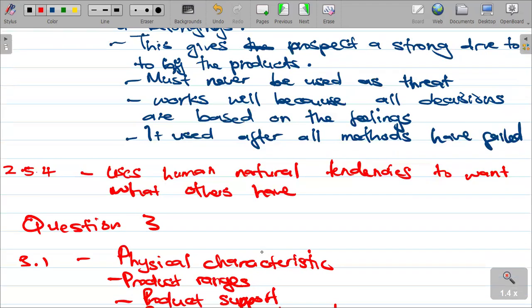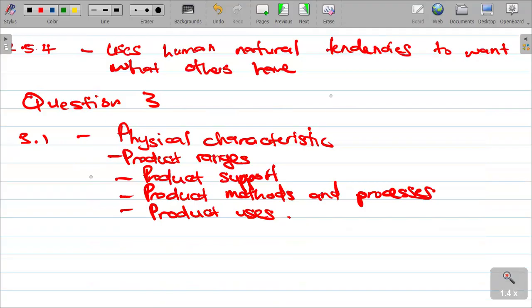So we're talking about the product characteristics, we are talking about the product features, design, capacity, etc. Right, when we're talking about the product range, we're talking about the composition of the product range.